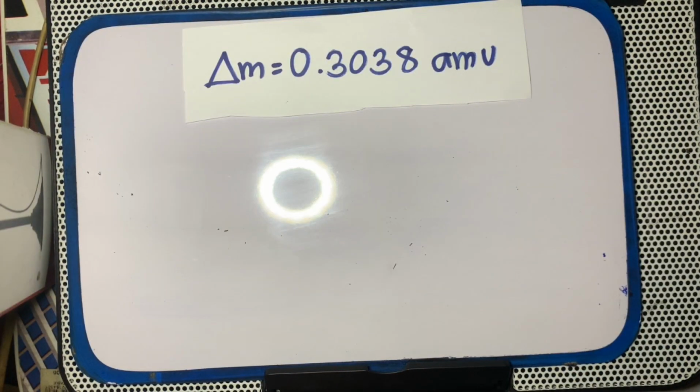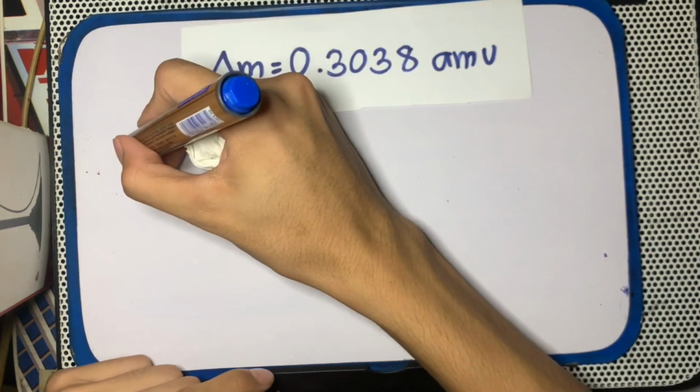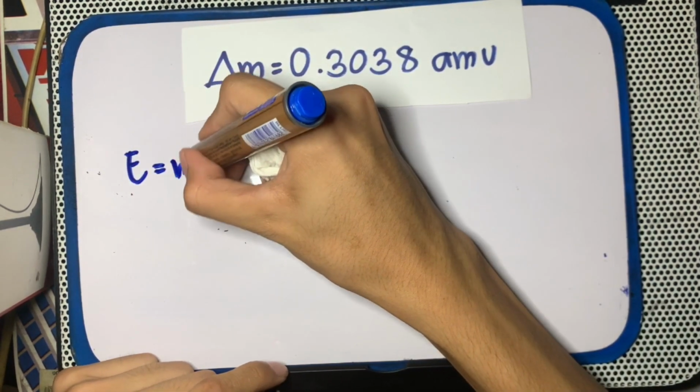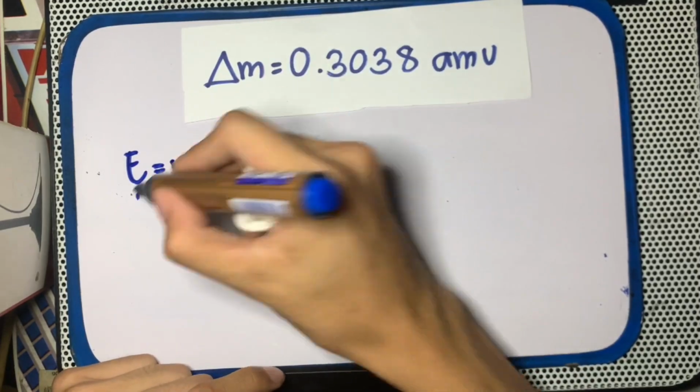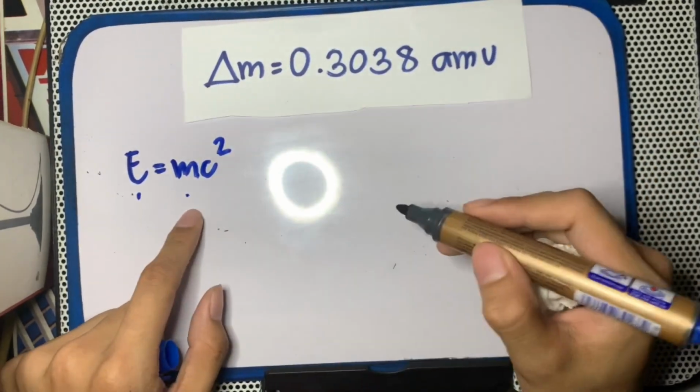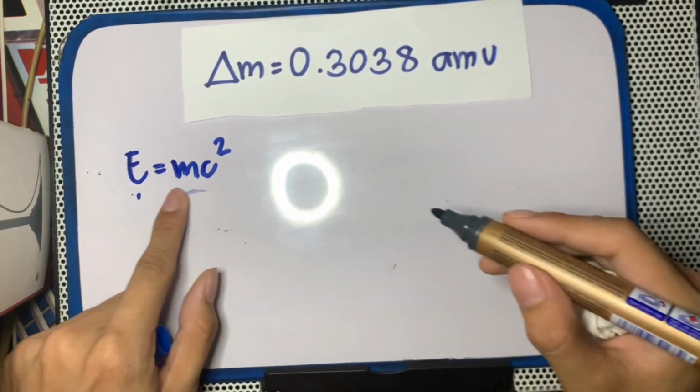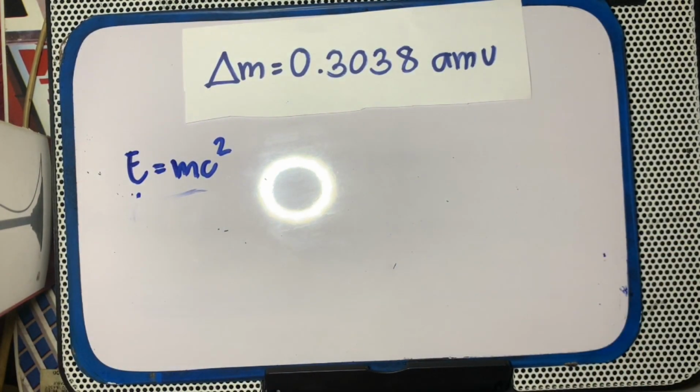So now let's proceed to the mass energy equivalence equation by Albert Einstein, or our E = mc squared, where E is for energy, m is for mass, and c is for the speed of light. Next, convert mass defect to energy. But first, express the mass defect in grams per mole.